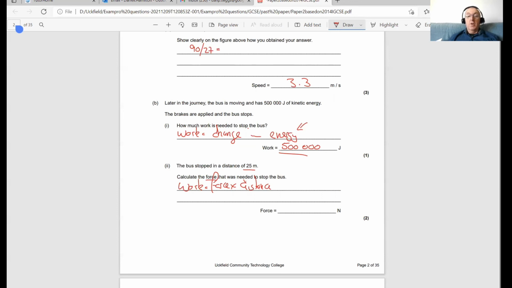I want the force. So I need an equation that connects the force, the distance, and the work. And that is the equation. So rearranging that then to make force the subject, I've got force is work divided by distance, which is 500,000 divided by 25. Well, 25 goes into 50 twice, so that's 20,000 newtons.